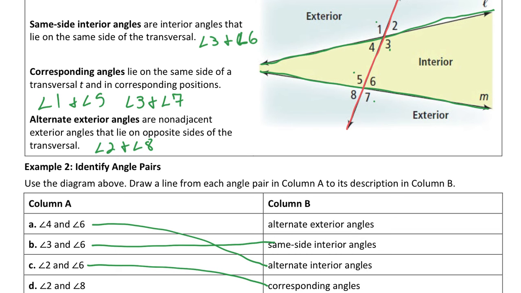They're on the same side of the transversal, in that top right position. And then 2 and 8, like we covered, are alternate exterior angles, on opposite sides of the transversal on the exterior of the lines.